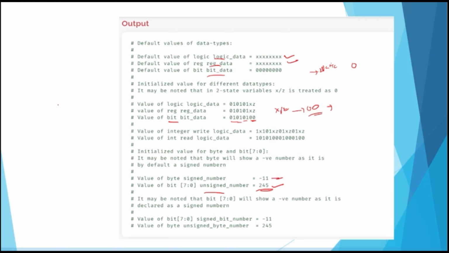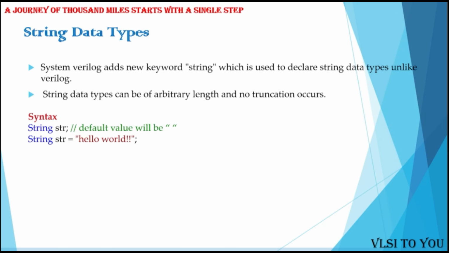Minus 11. Why is it so? Because the values will range from minus 2 power 8 to 2 power 8, so it will be counting from minus 2 power 8, and the 245 place will be minus 11. So that is why minus 11 was displayed. Clear? So this is about the various data types that you use in SystemVerilog.